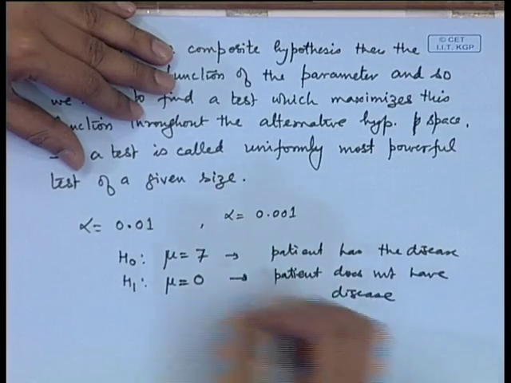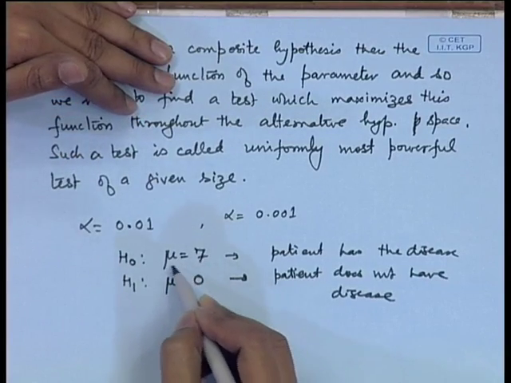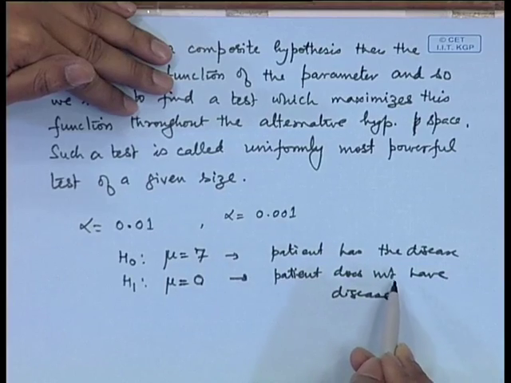Suppose the test is devised in such a way that the measurements that are taken may take only 2 possible values, and when mu is equal to 7 the patient has the disease, when mu is equal to 0 the patient does not have the disease.